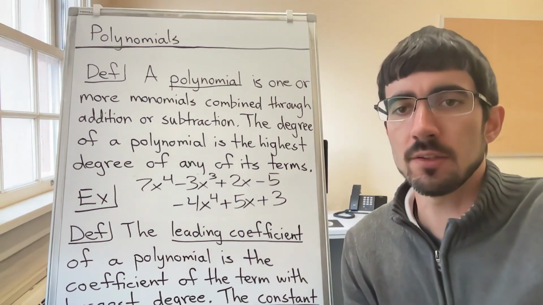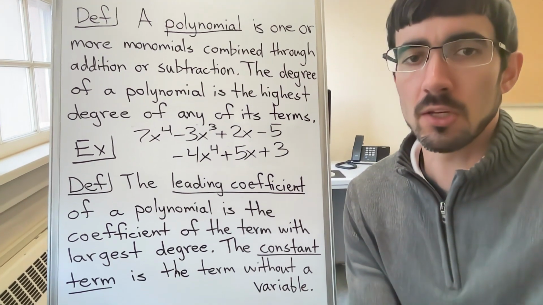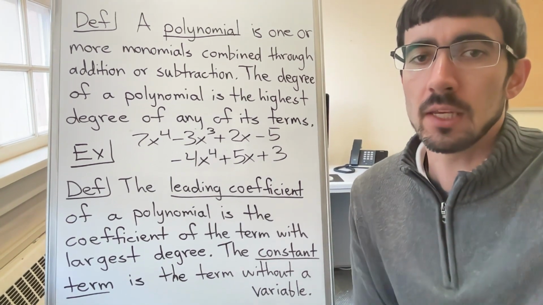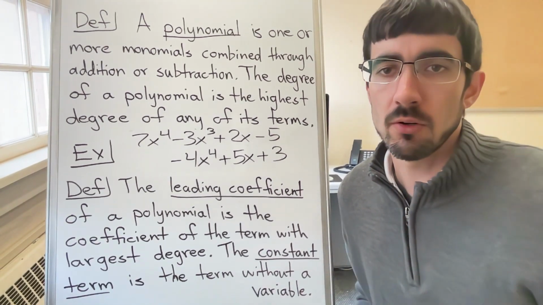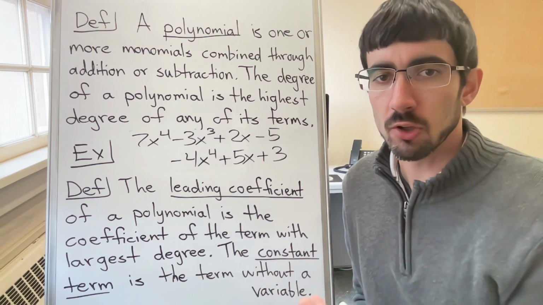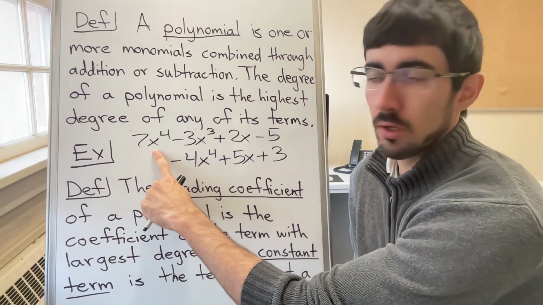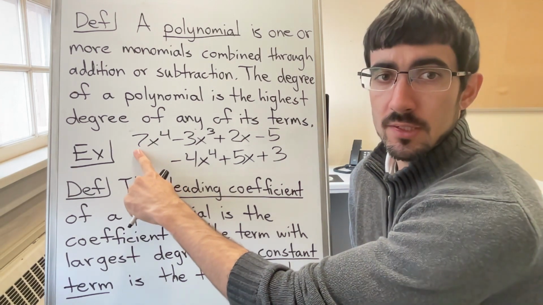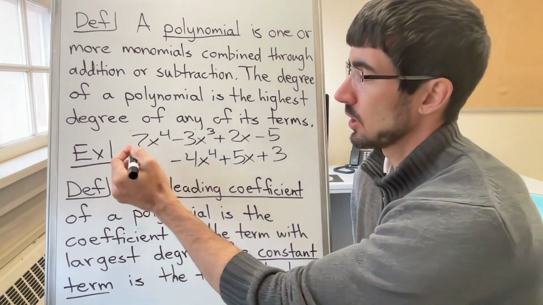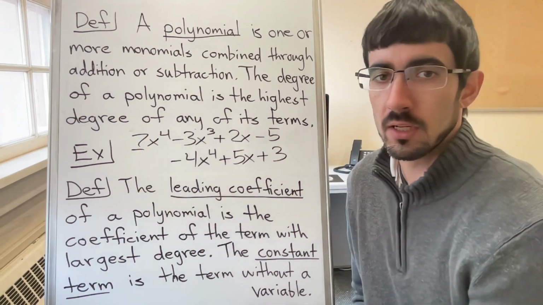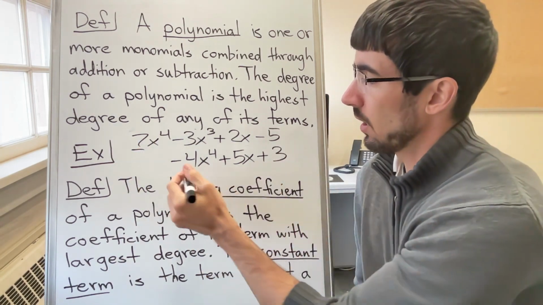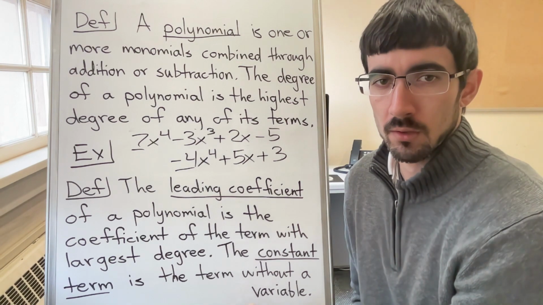2 more definitions, properties that we want to note of polynomials. The leading coefficient of a polynomial is the coefficient of the term with largest degree. So remember, this one has degree 4. Its coefficient is 7, so that's the leading coefficient of this polynomial, 7. The leading coefficient of this polynomial is negative 4.